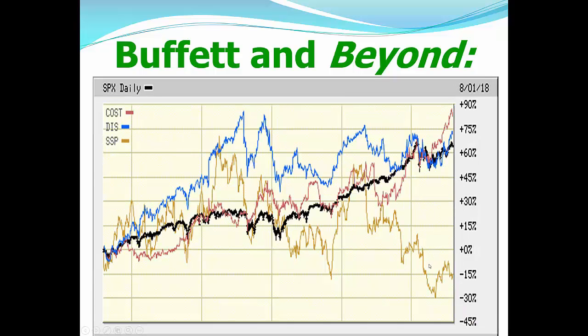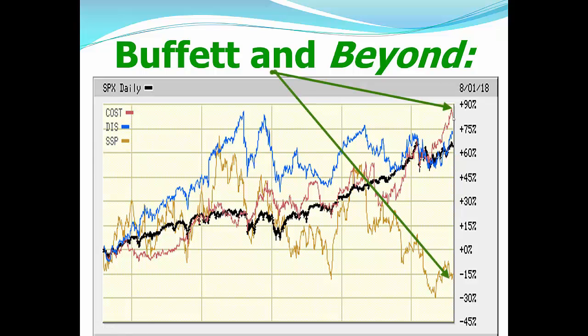Now, looking over 5 years, we see Disney actually outperforming the S&P 500, but it's close. The S&P 500 has about a 65% return, and Disney has about a 72% return over 5 years, with Costco up around 90%. And Scripps down about a negative 15%.